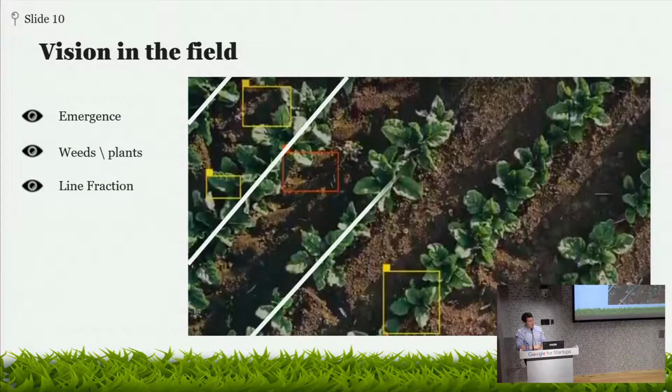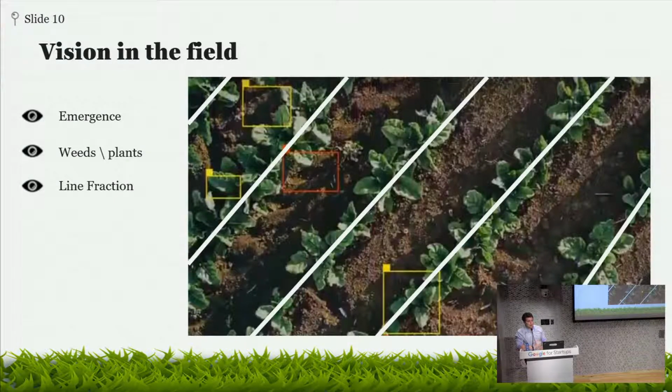Finally, a very interesting type of index is canopy fraction. When you have little plants you can count them from above, but at some point the leaves become one on the other, they grow too big, and you cannot separate them correctly, not only from above but on the ground. It's very hard to separate them.